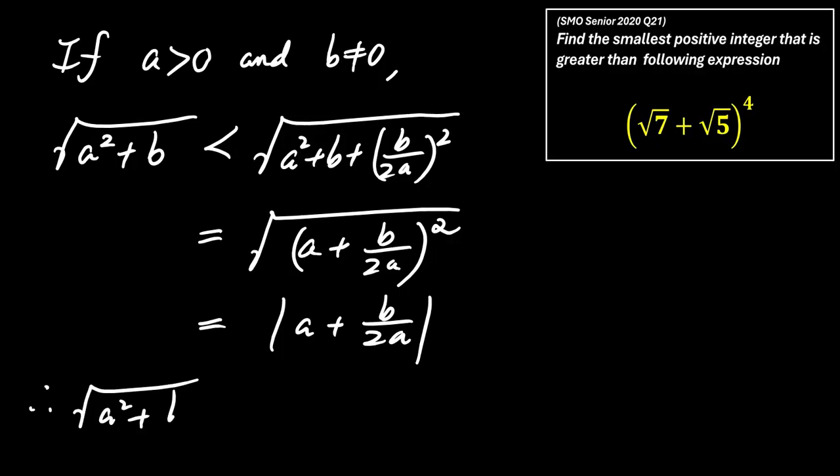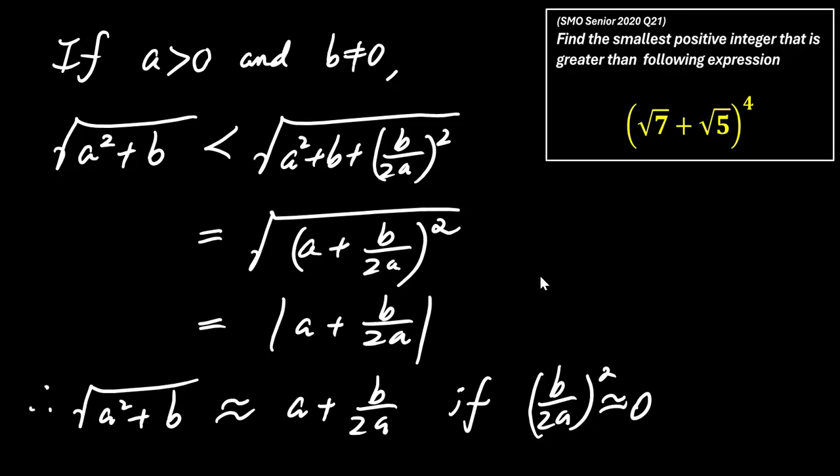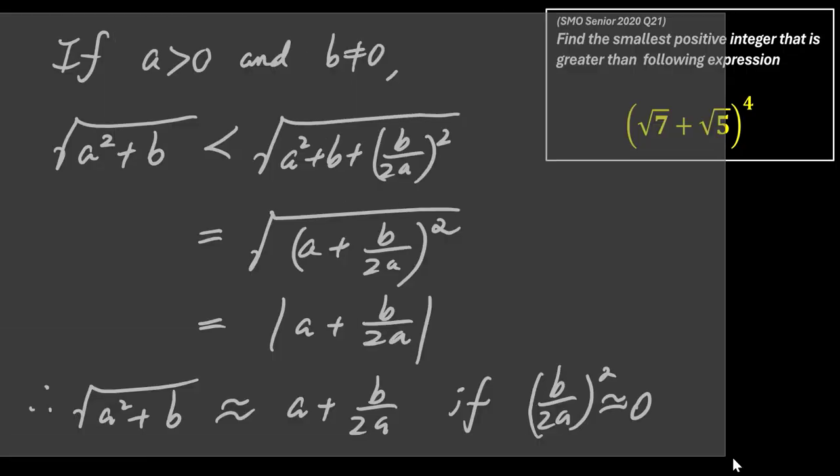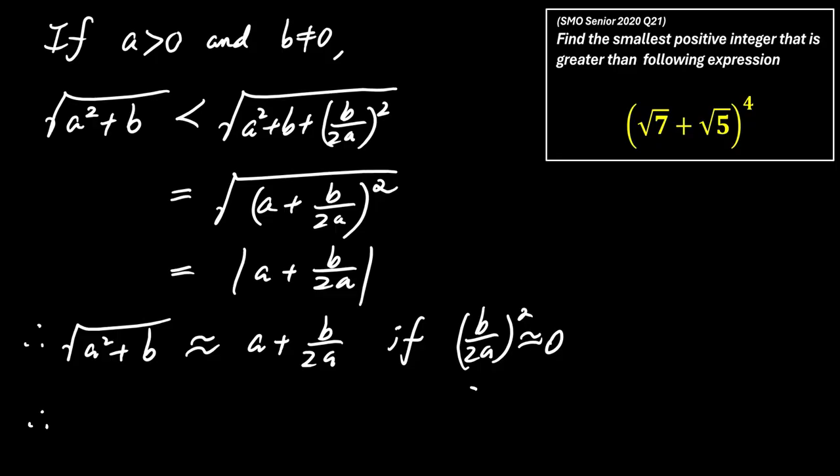Hence, square root of (a squared plus b) is approximately a plus b over 2a if b over 2a squared is close to 0. This approximation is useful when a is large compared to b and gives us a simple but accurate way to estimate square roots.